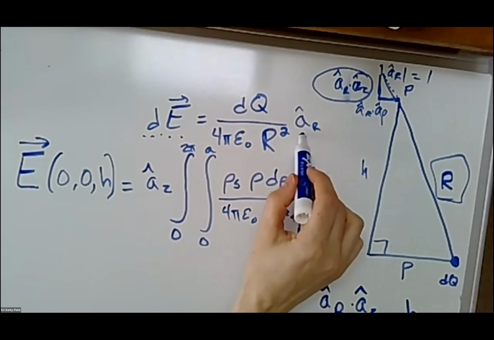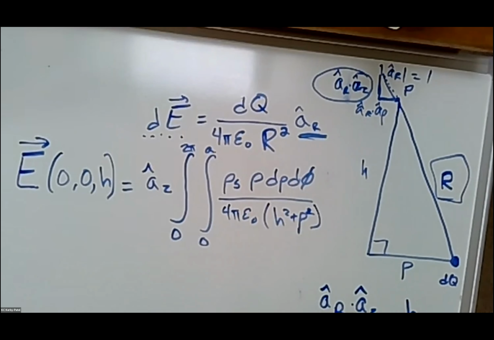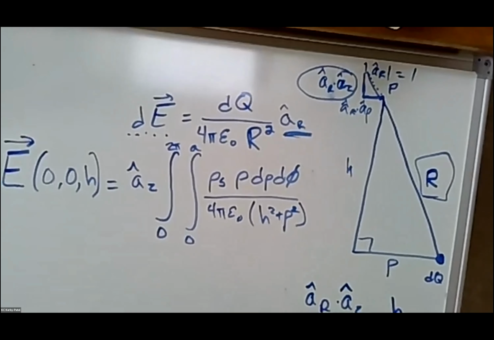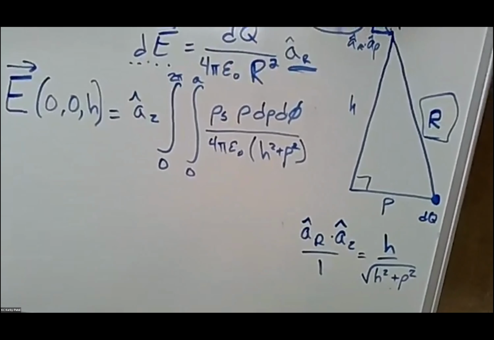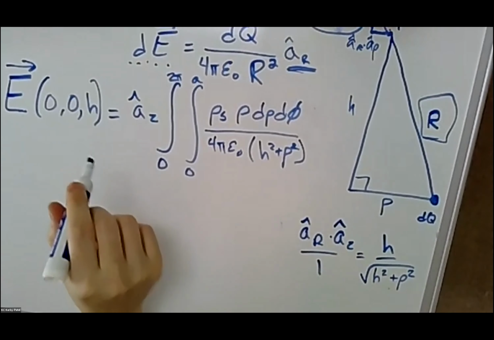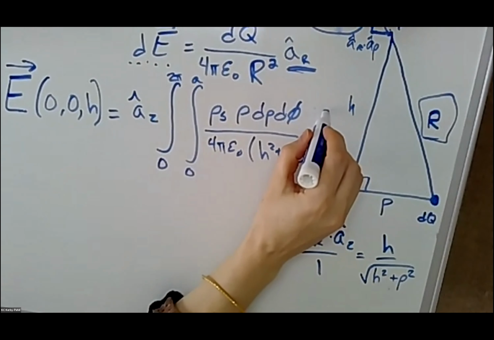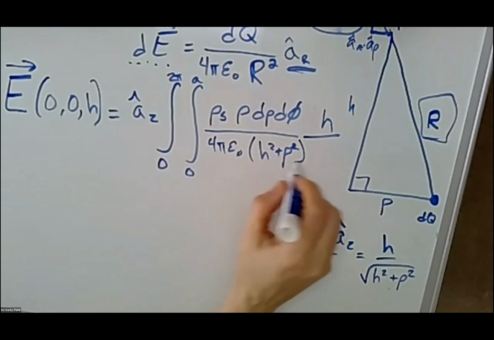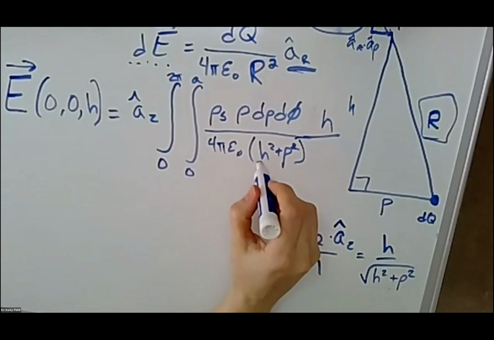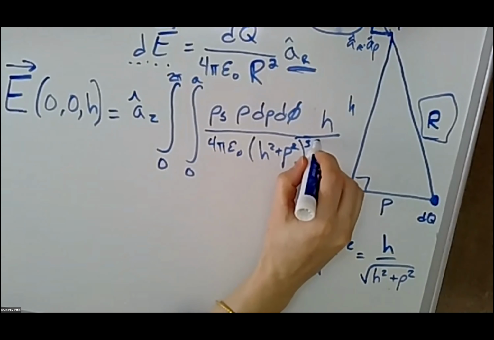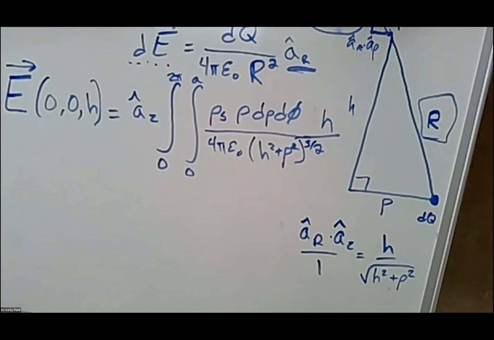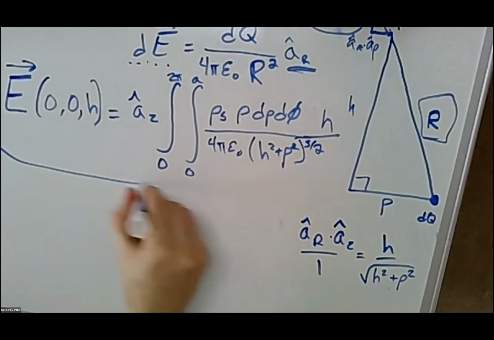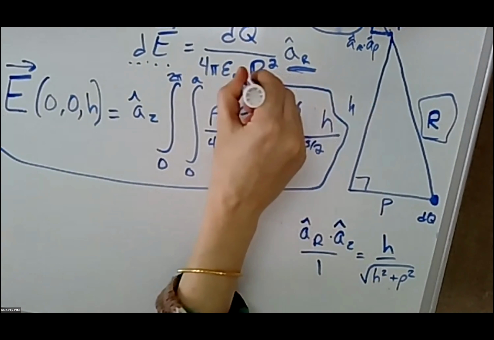And now we need just the z component of a hat r, which we found over here under the big triangle. See that? So at the end over here, I'm going to write h divided by the square root. So I could write down the square root, or I could just make this be to the 3/2. All right, this is my integral setup.